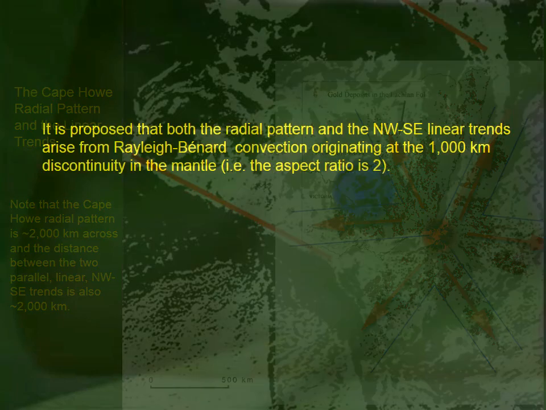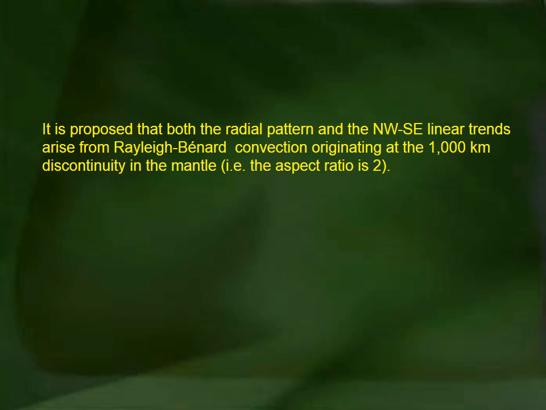It is proposed that both the radial pattern and the northwest-southeast linear trends arise from Rayleigh-Benard convection originating at the 1,000 kilometer discontinuity in the mantle, that is, aspect ratio 2.